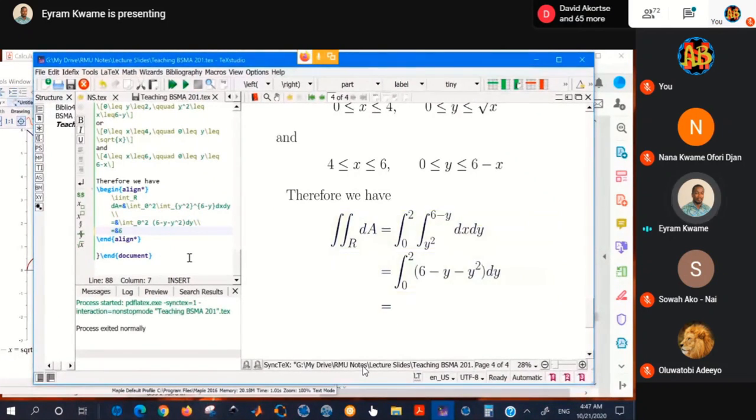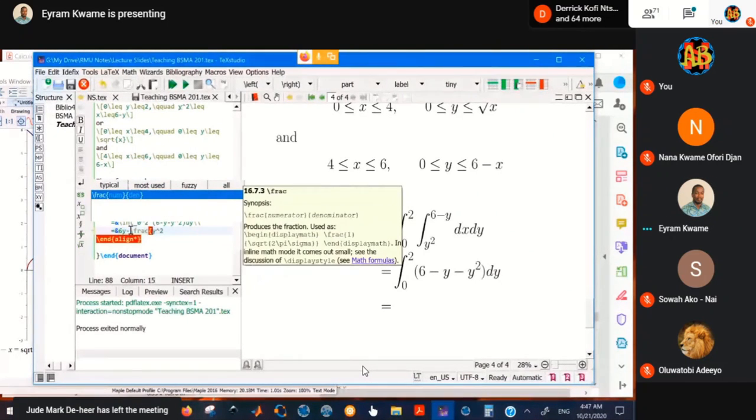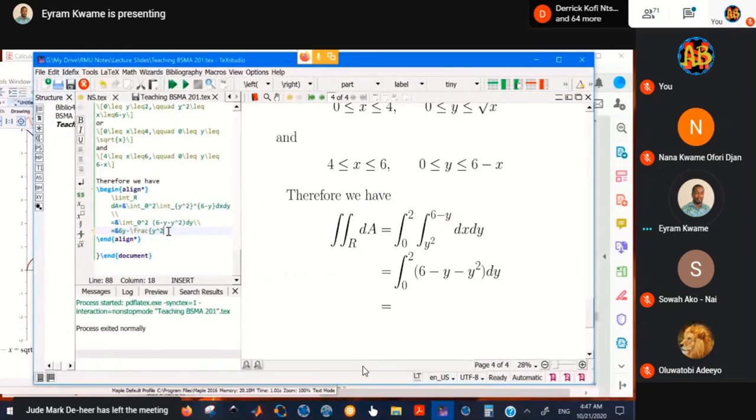And then I'll have 6. When I do this, I have 6y minus y squared over 2 minus y cubed over 3.